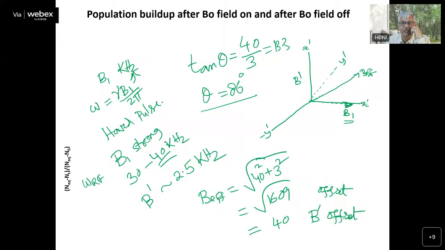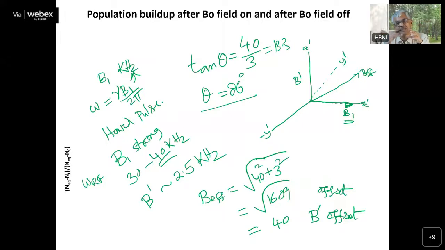So although the nuclei have offsets, they will now be getting an equal amount of radio frequency field. If B effective is not very close to x prime, they are getting different extents of B1 field.